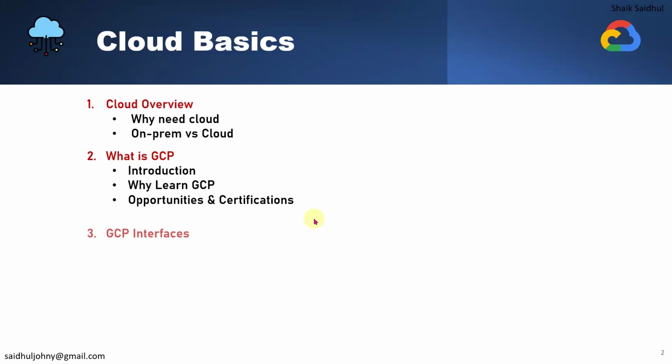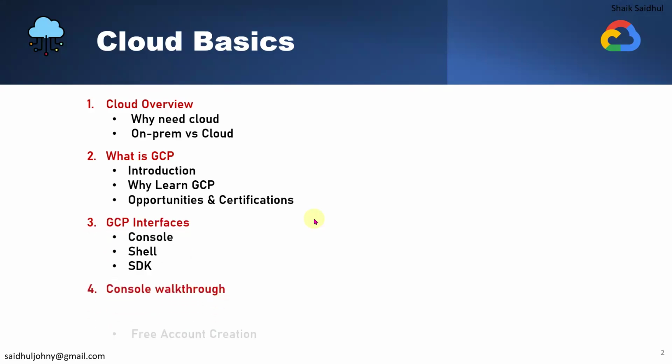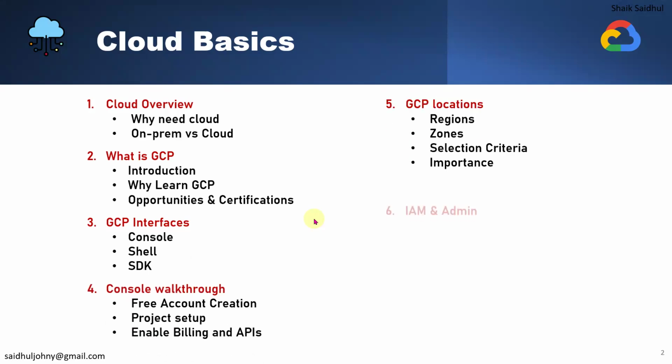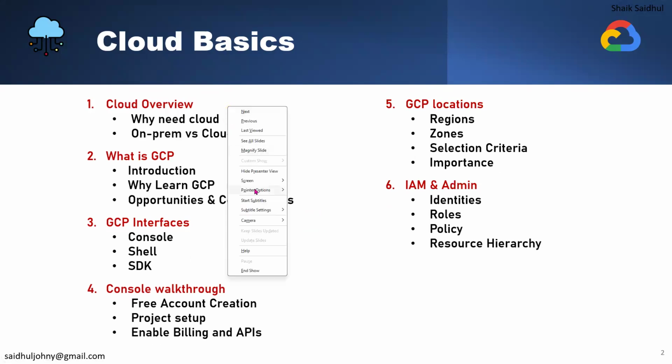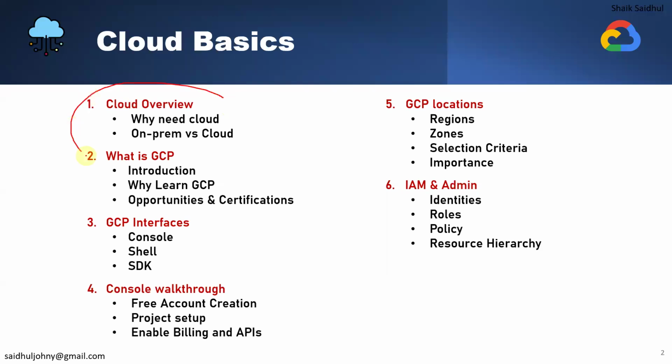Maybe in tomorrow's session, we will see the GCP interfaces, console, Cloud Shell, SDK, and in subsequent classes we are going to see all of these things. Today, I am going to focus on this particular topic, which is a small topic only.